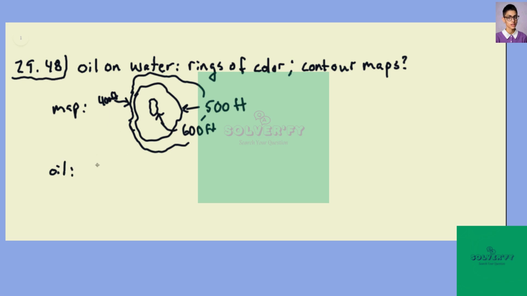And so for oil films, colors come from varying thicknesses of the film. And you can think of the thickness as being like an elevation.